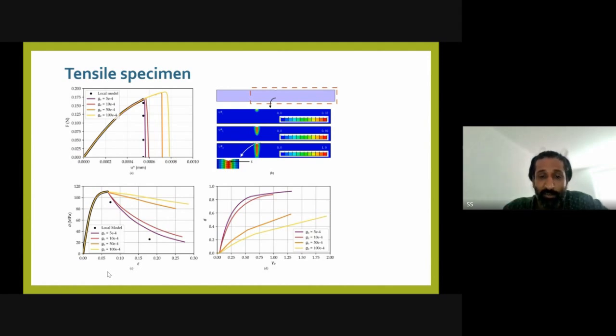The last graph shows the relation between the evolution of the phase field and the accumulated plastic strain gamma p. This graph is appropriate in this situation because for higher values of GC, the evolution of the phase field is very less, but the evolution of the accumulated plastic strain is really high.